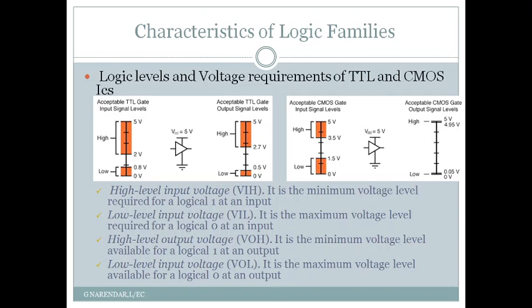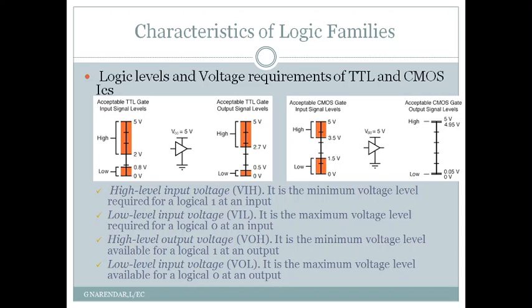That is, if you take the supply voltage as 5 volts, then logic 1 represents 5 volts. And logic 0 represents the 0 voltage. So normally the voltages that we choose for logic 1 and logic 0 are 5 volts and 0 volts.